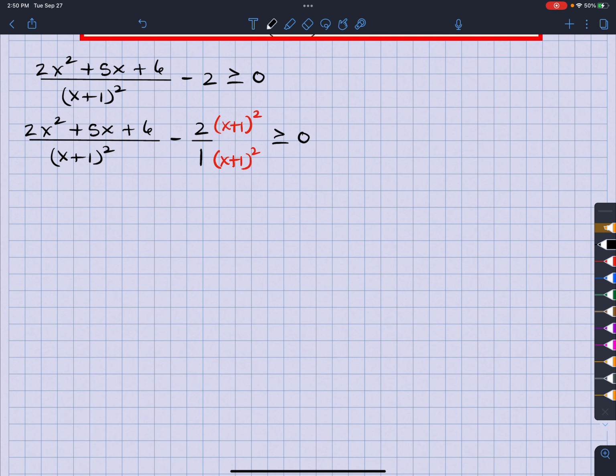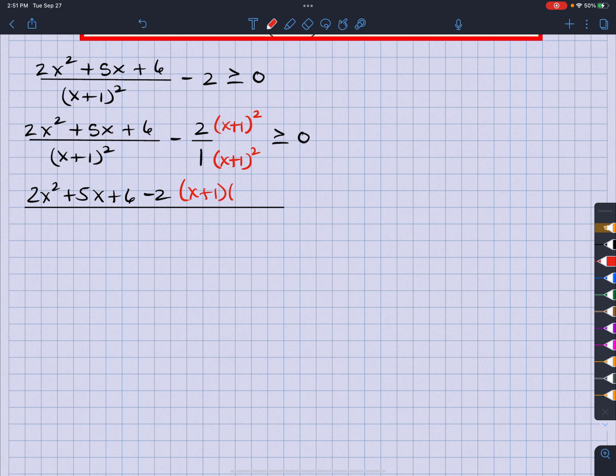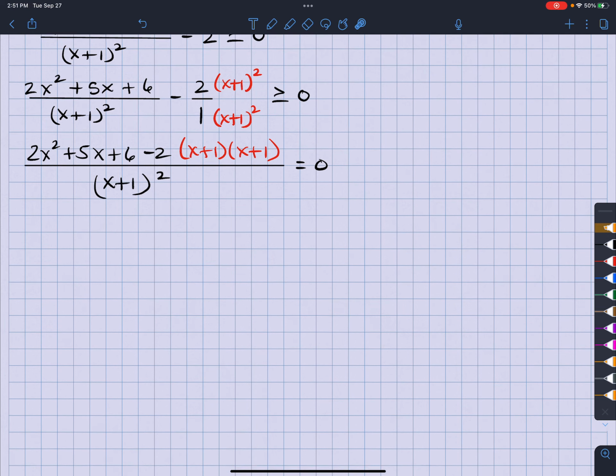So I would rewrite this as one big fraction, which is 2x squared plus 5x plus 6 minus 2 times x plus 1 squared. I'll just write it out. Over x plus 1 squared. I'll just put it equal to 0 for now, okay? So I have to do the math here so that I can maybe combine like terms.